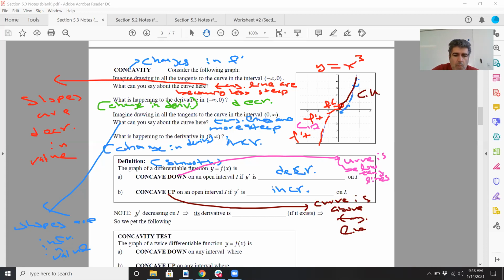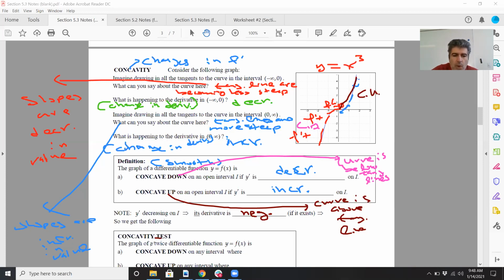So when y prime is decreasing on an interval, its derivative is negative. And that's what we're trying to say there: when we talk about a change in a derivative, that's a change, so you're talking about a change in a change.